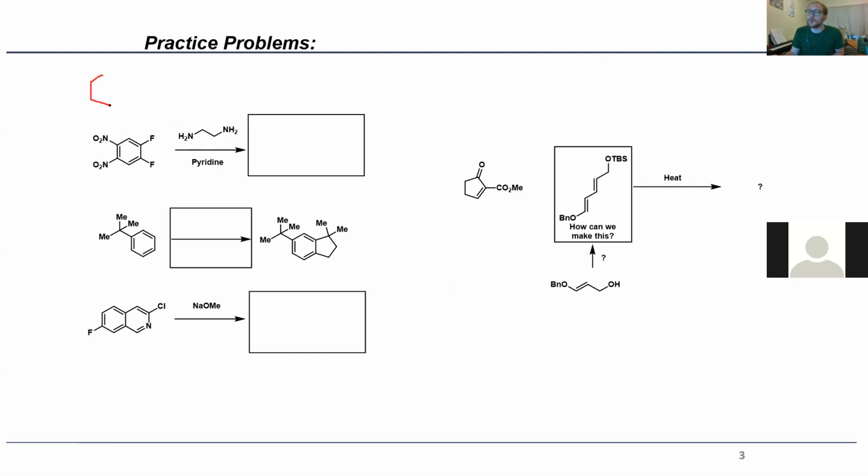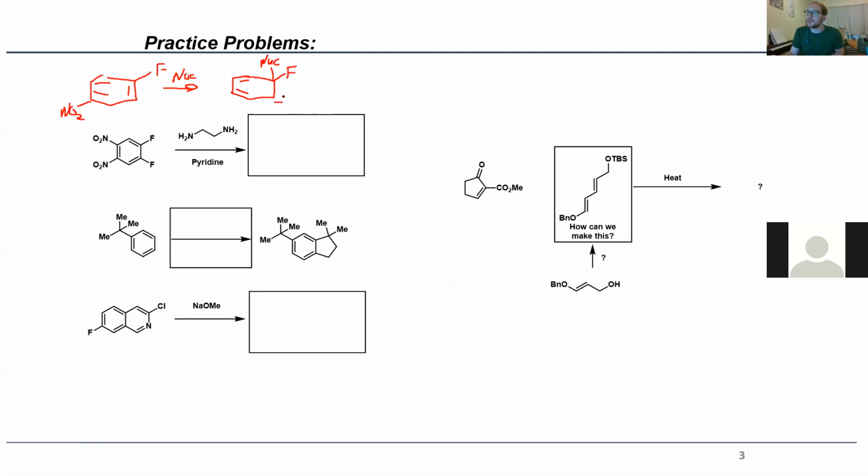As to why, remember that the key resonance forms in the SNAr reaction, if a nucleophile attacks this, we have buildup of negative charge in what is known as the Meisenheimer complex.